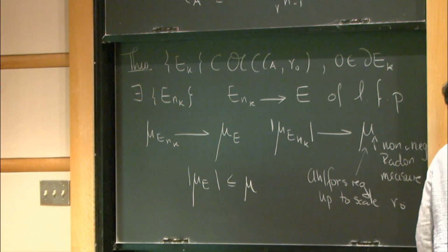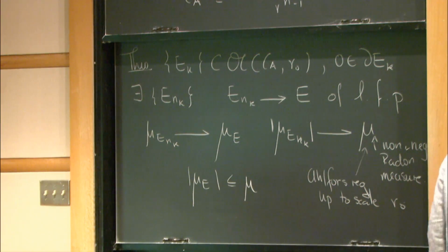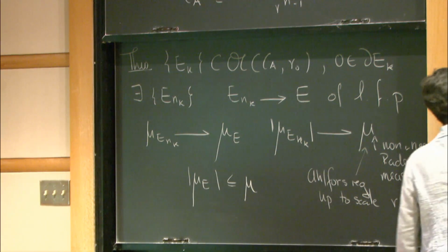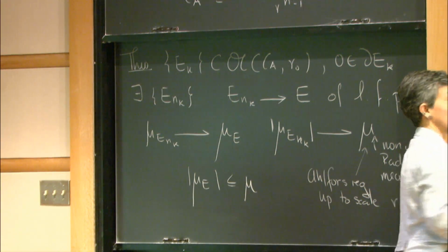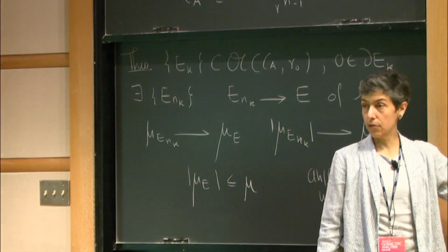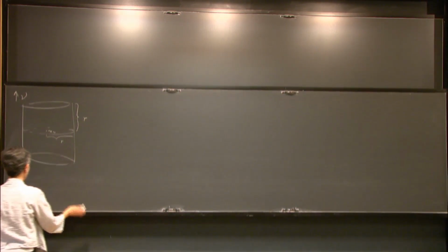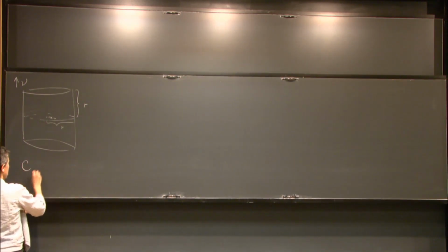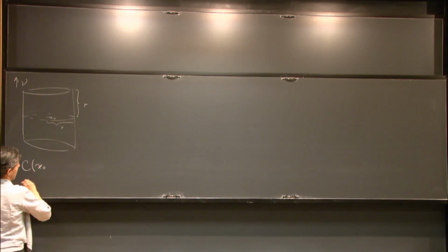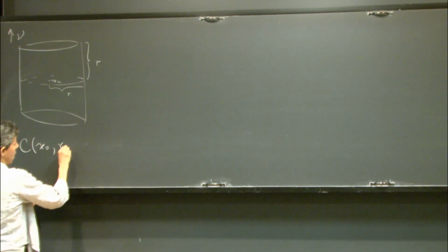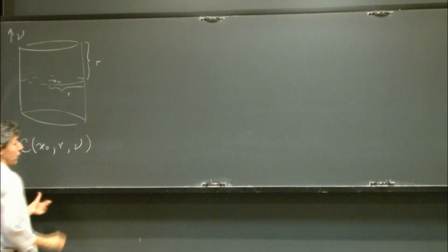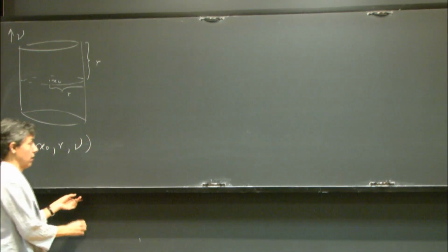If I have x naught here, r here, and this is the vector nu, we all agree this looks like a cylinder of base r and height r, correct? I need to name it, because I cannot draw it every single time. So this will be the cylinder of center x, radius r, with direction nu.